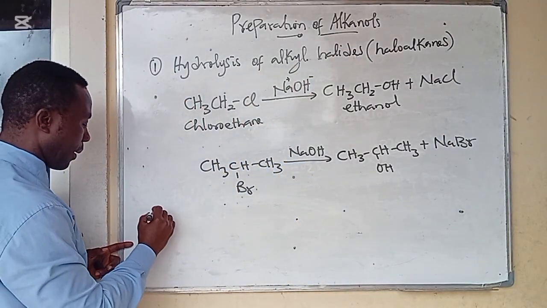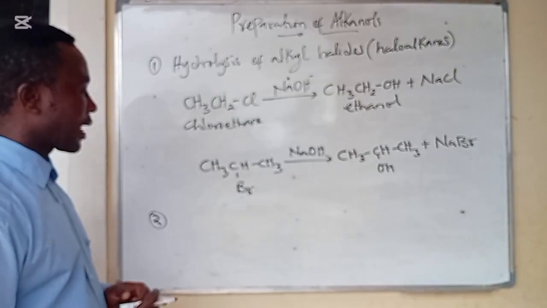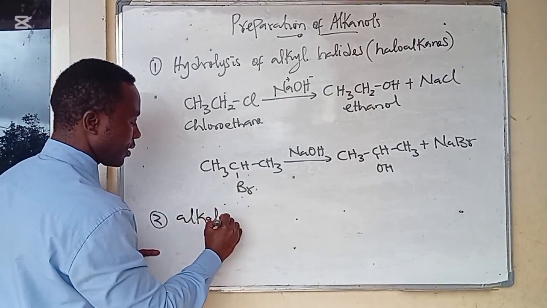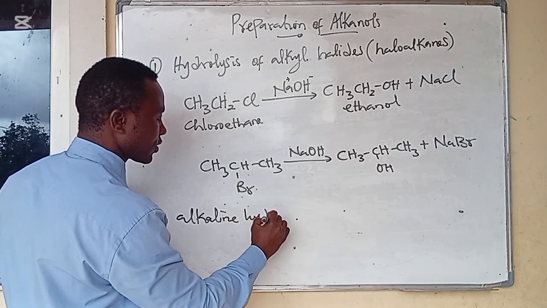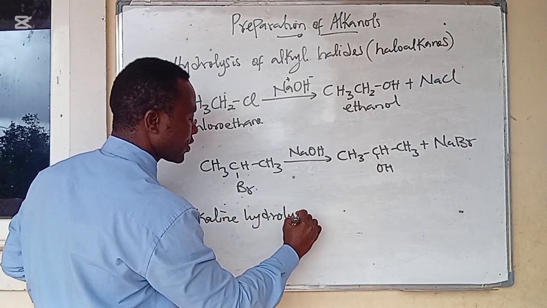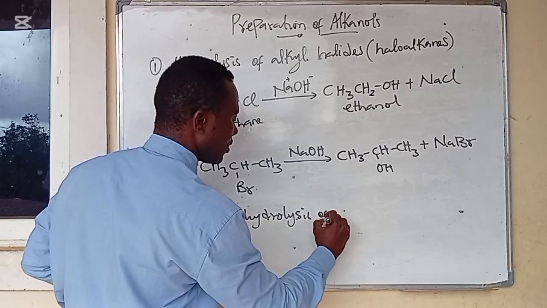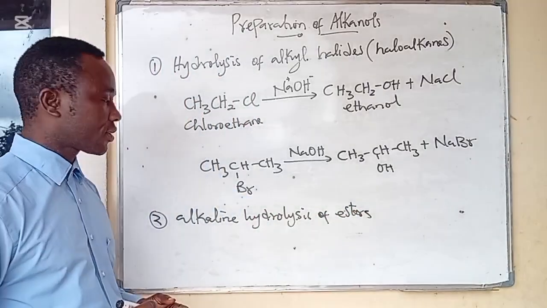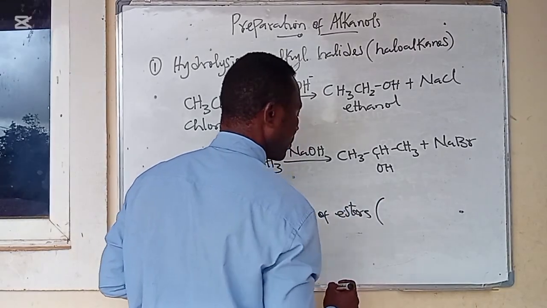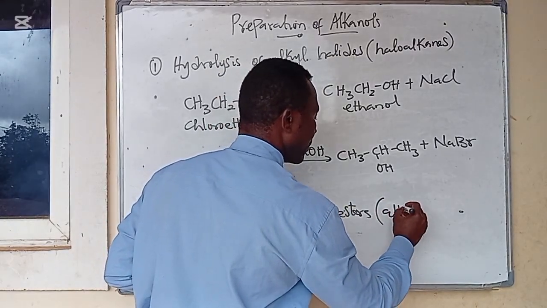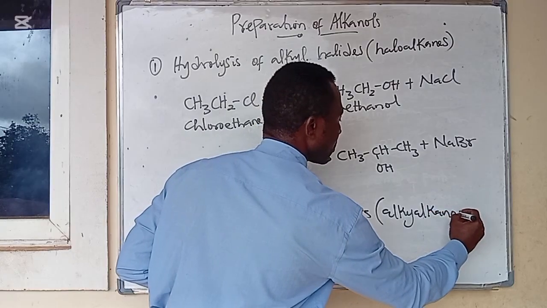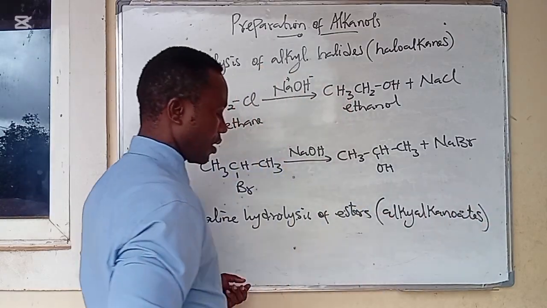Then number two way we can prepare the alkanols is by alkaline hydrolysis of esters. Now esters are alkyl alkanoates.